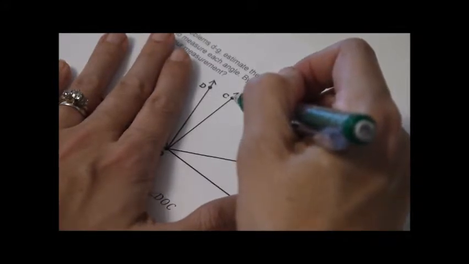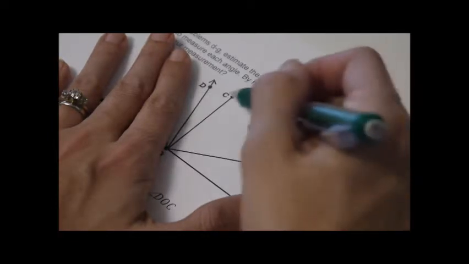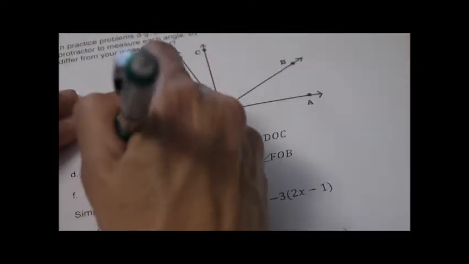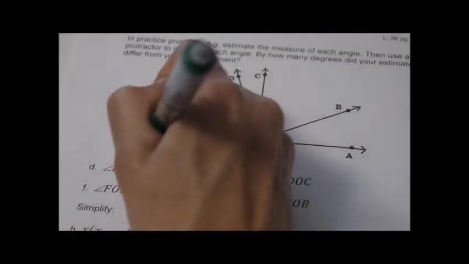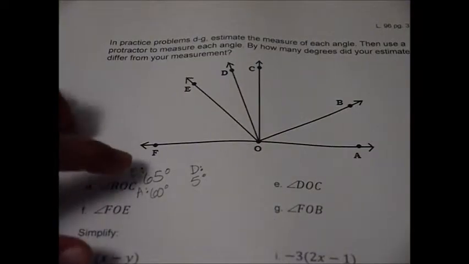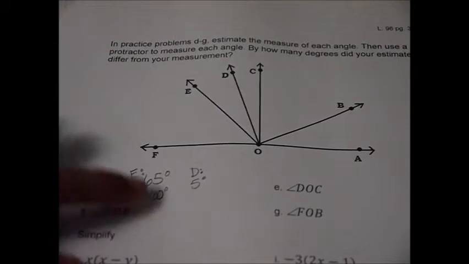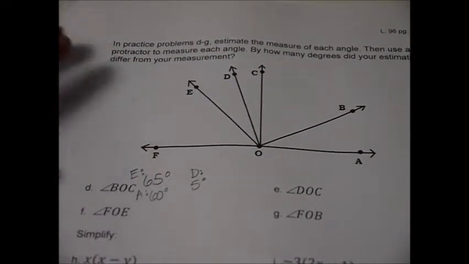So maybe, and if out here would be 45, so 65 degrees is my guess. Okay, and then I'll call that E for estimate and A for actual. So the actual was 60 degrees, and the difference, 65 minus 60, was 5 degrees, okay?